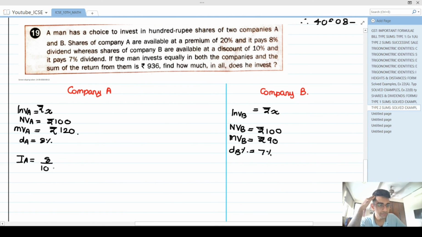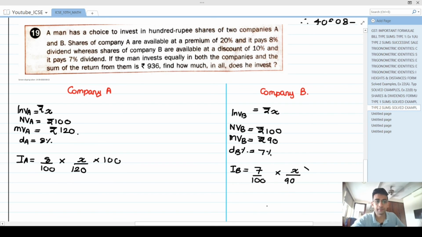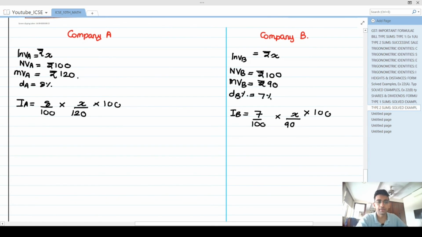Income is equal to dividend percent into number of shares. Number of shares is investment upon MV, market value, into the nominal value or face value. That's 100. Now they've given us the sum is 936. IA plus IB, guys, is equal to 936.